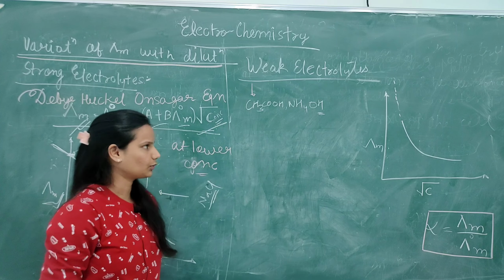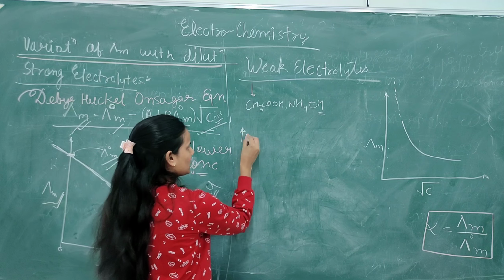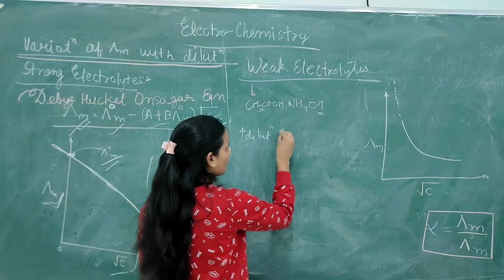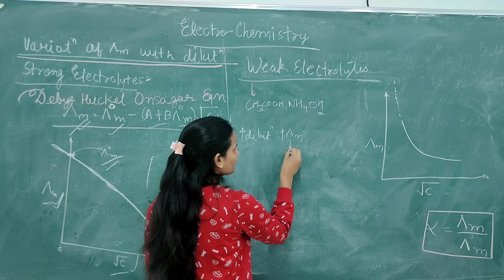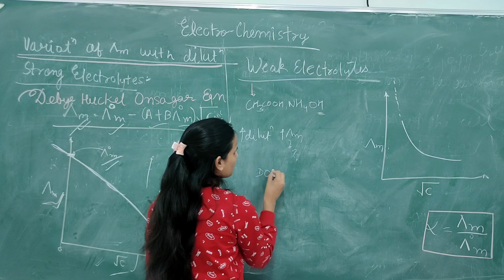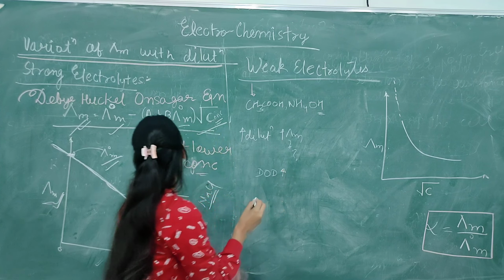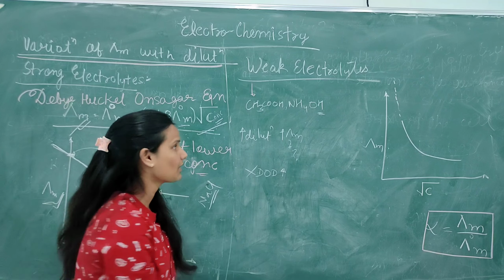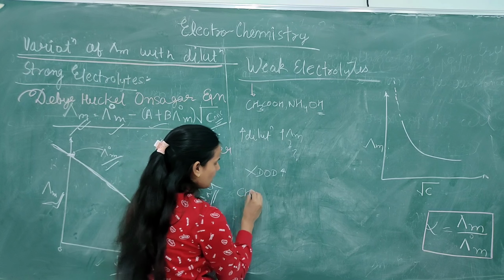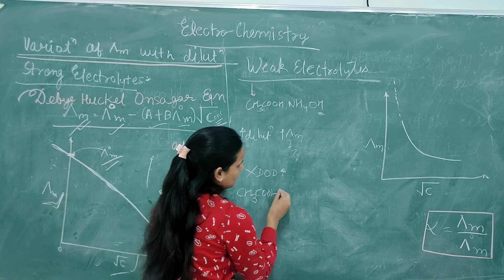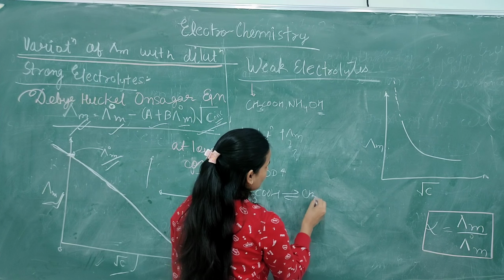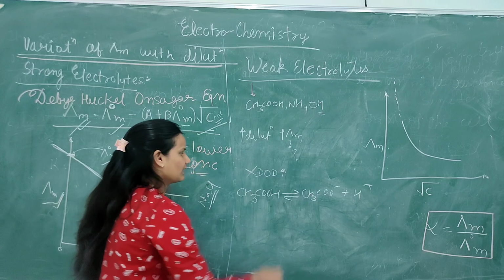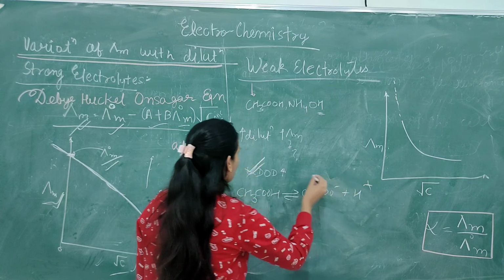Let's go back to a story. With increase in dilution, molar conductance was increasing. Why was it increasing? Because the degree of dissociation was increasing. In case of strong electrolytes, the degree of dissociation doesn't matter a lot, but here it will matter a lot because weak electrolytes have weaker dissociation.